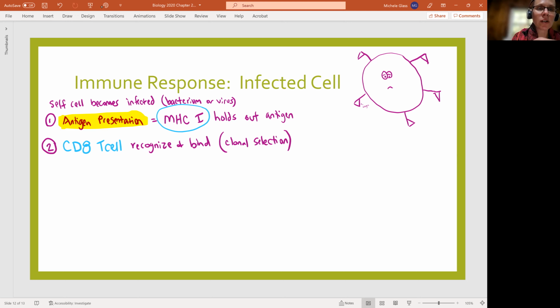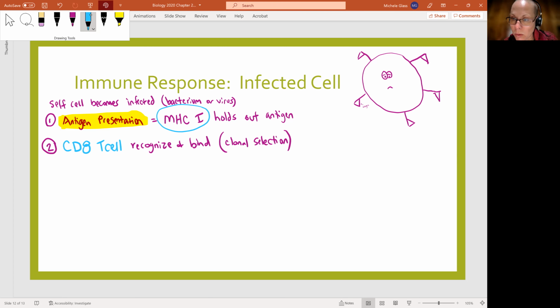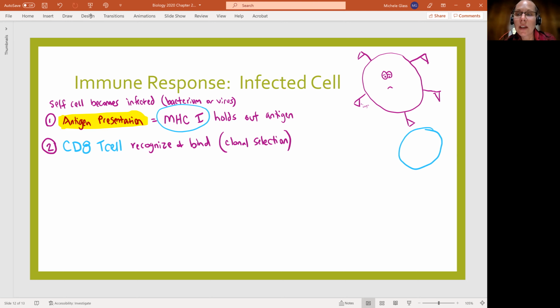And so let's draw in our CD8 T cell. So I'm going to just do a circle. And this is sort of, I'm just going to say a badass cell. So I'm going to give it some sunglasses, you know, because that automatically means, ooh, we are cool, we are serious.